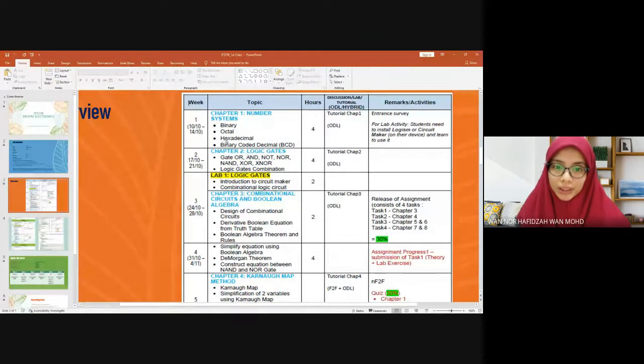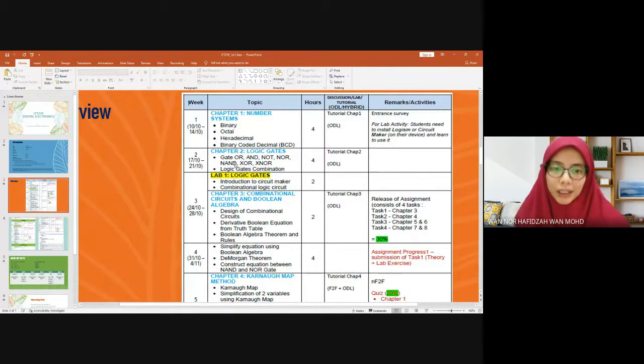We're going to look at conversion parts including decimal, binary, octal, hexadecimal, and binary coded decimal. I think for decimal, binary, octal and hexadecimal, you are very familiar from your school time, but maybe a little bit additional for binary coded decimal. Don't worry, we'll look at it one by one.